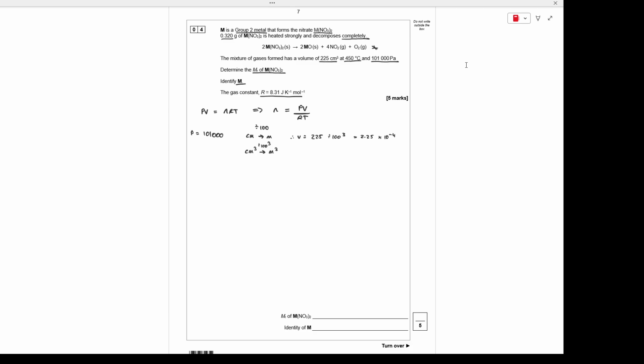R we've already been given, which is lovely, and T, our temperature, needs to be given in Kelvin, but it's currently given in degrees Celsius. So to convert from degrees Celsius to Kelvin, you just have to add 273. So T is going to be 450 plus 273, which is equal to 723, right? Now let's just sub in our values, right?